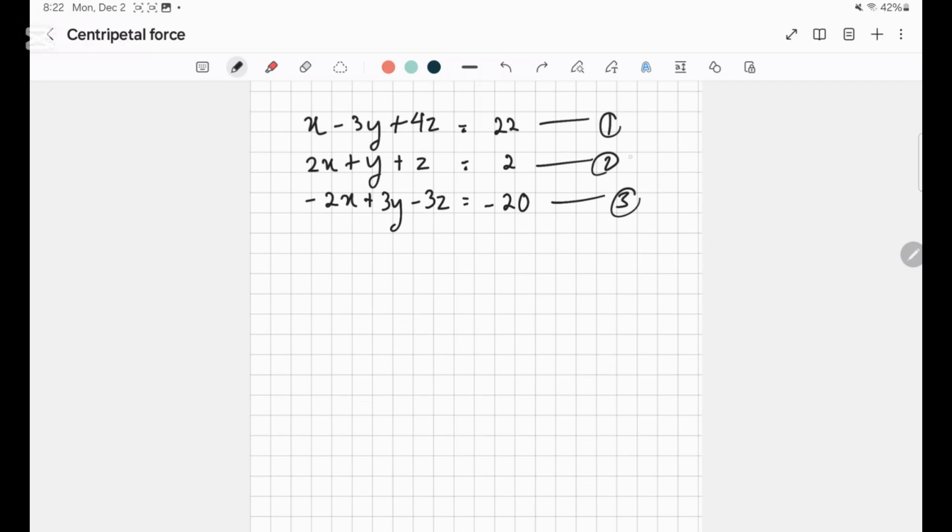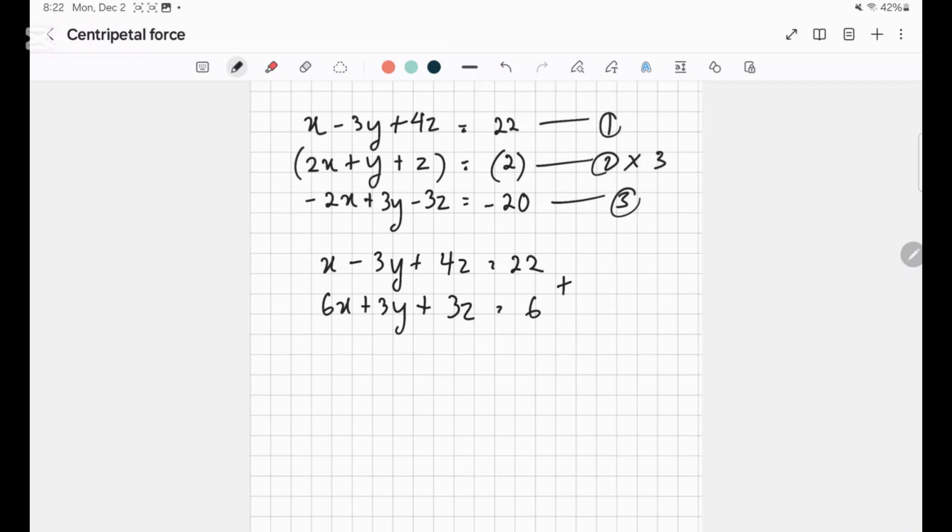I'm going to multiply the second equation by 3. So now we have x minus 3y. I'm writing down the first equation again: x minus 3y plus 4z equals 22. And this is 6x plus 3y plus 3z equals 6, because I'm multiplying everything by 3. Now you add these two.